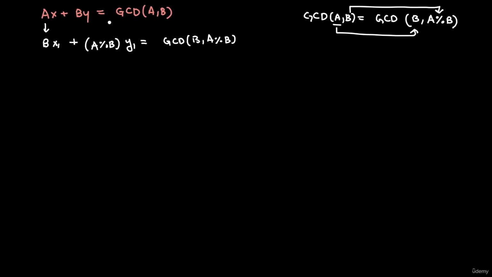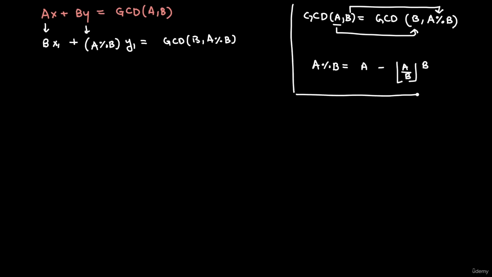Okay, so this is what we have done, and we have also seen one result, that a modulus b can be written as a minus the nearest multiple of b. Okay, so that we derived using this floor value.